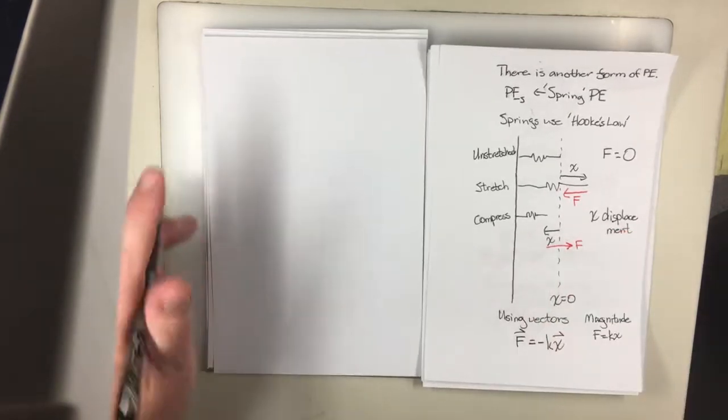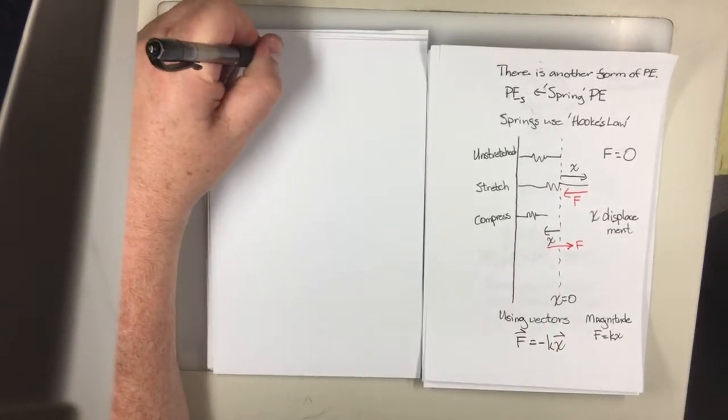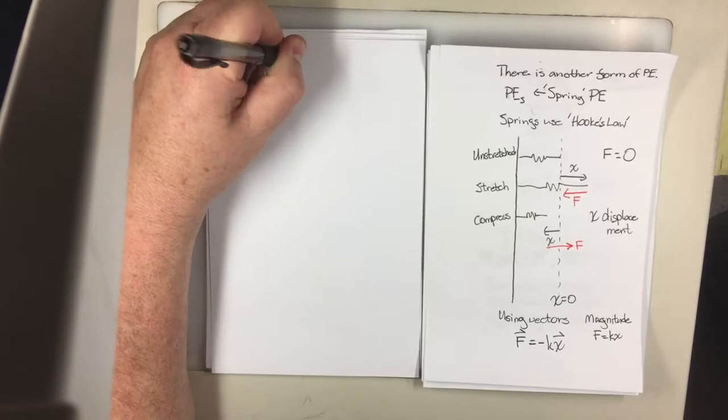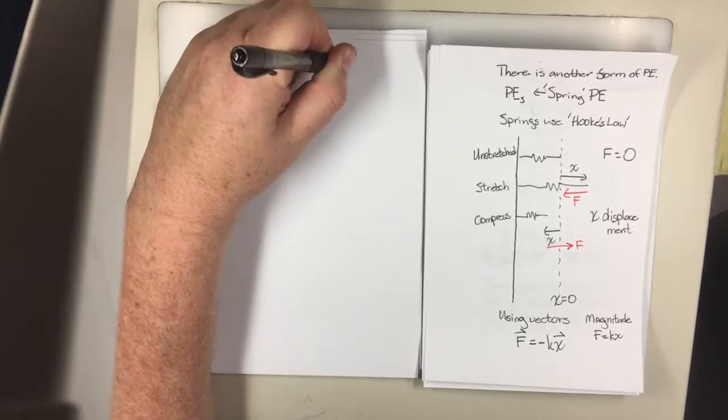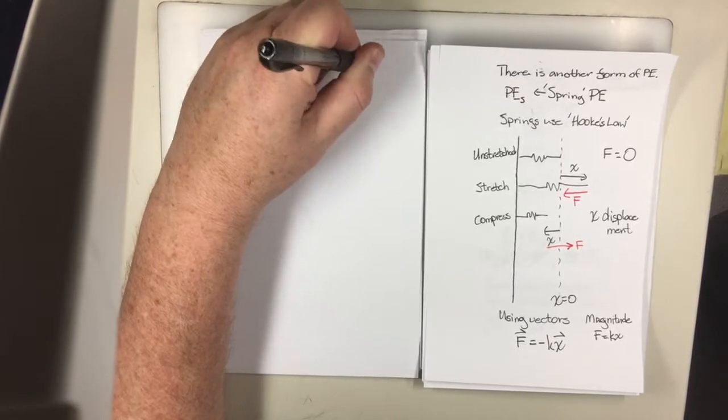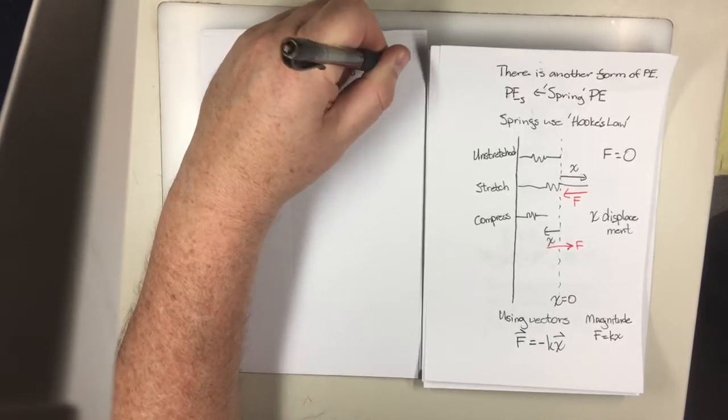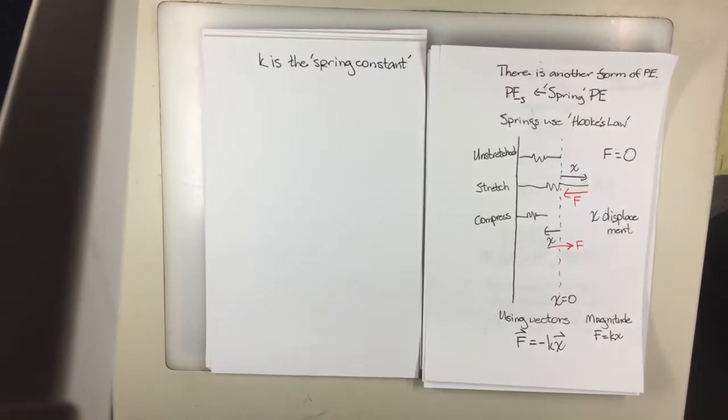Now, what is K? K is the spring constant. That's what you call it.